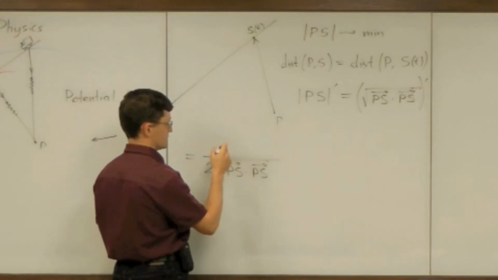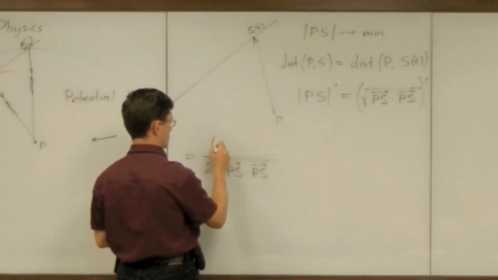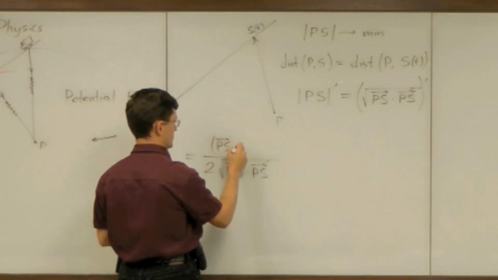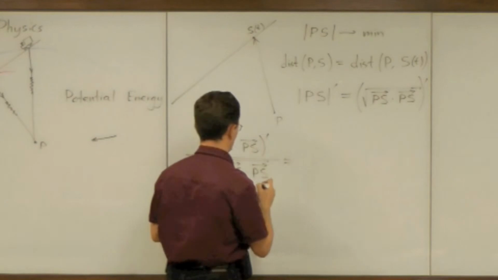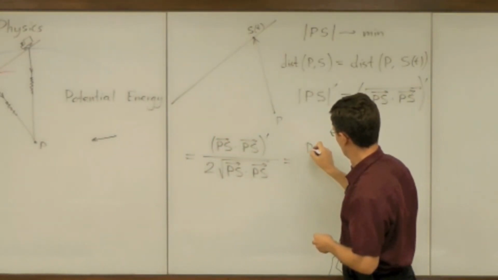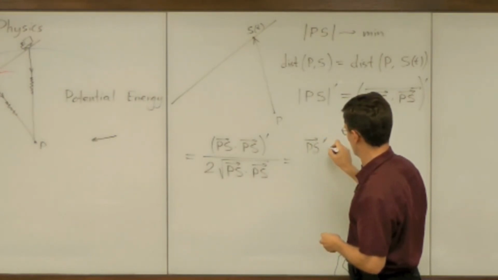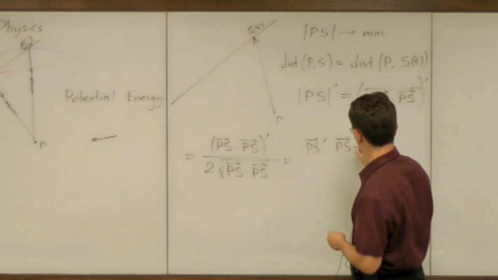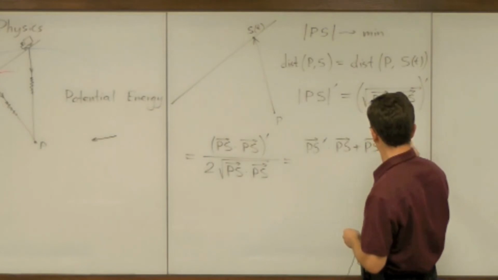And then I have to multiply, by the chain rule, by the derivative of that dot product, PS dot PS. And the derivative of a dot product is, by the product rule, PS prime dot PS plus PS dot PS prime.